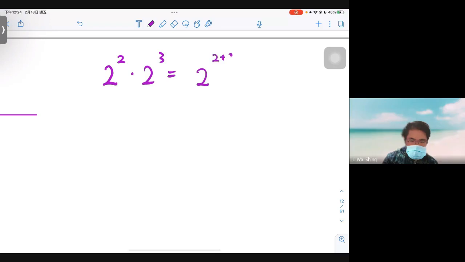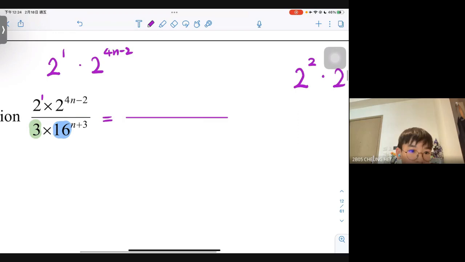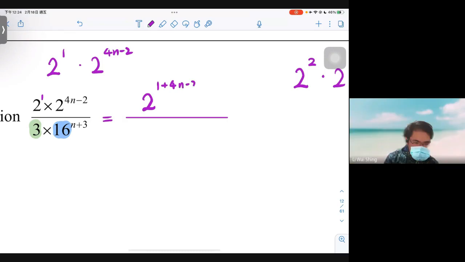Yeah, 2 plus 3 equals 5. What about this one? 2 to the power of 1 plus 4n minus 2. Yes? What about the denominator?